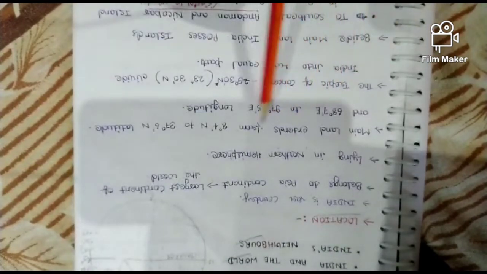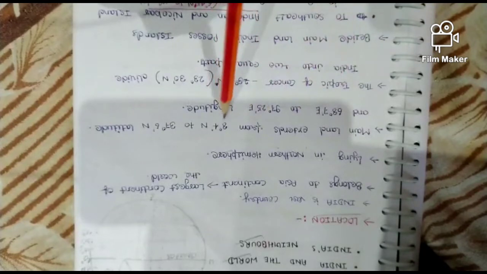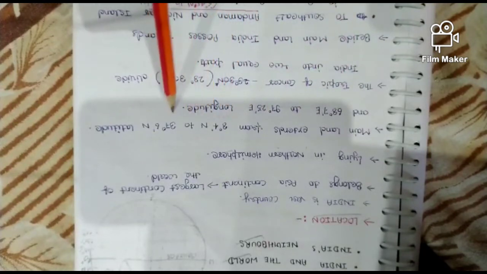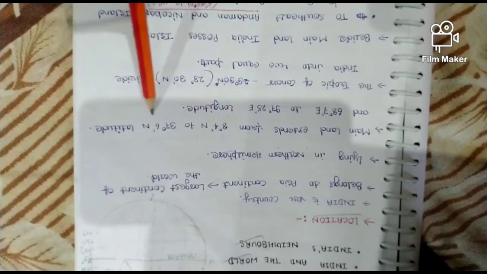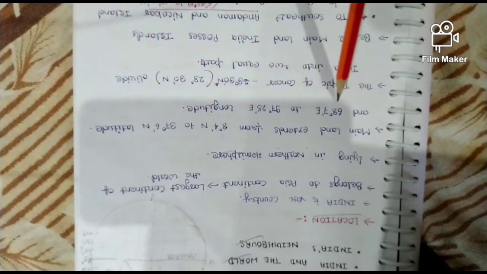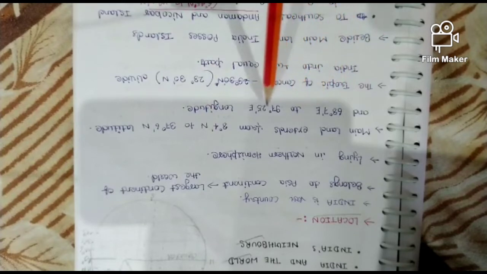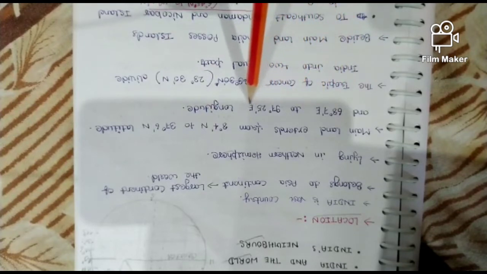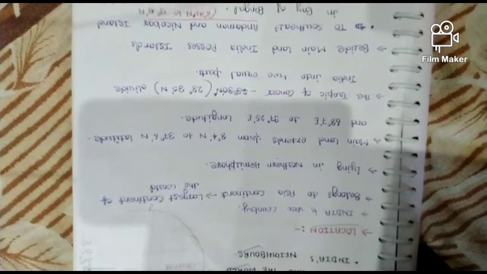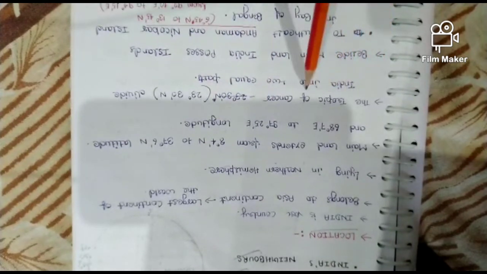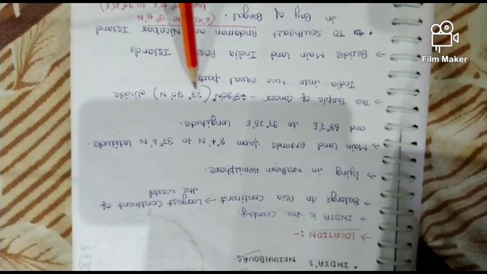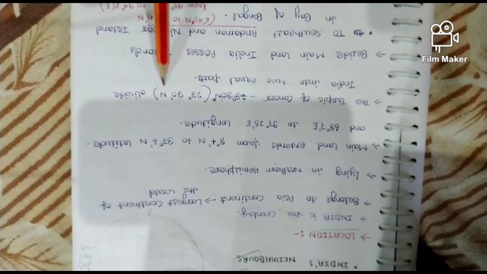Mainland extends from 8 degree 4 minutes north to 37 degree 6 minutes north latitude and 68 degree 7 minutes east to 97 degree 25 minutes east longitude. The Tropic of Cancer, whose latitudinal extent is 23 degree 30 minutes north, divides India into two equal parts.